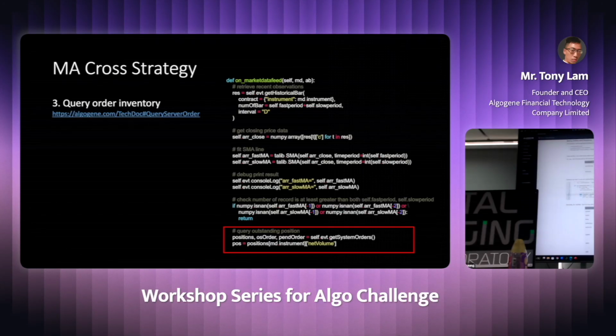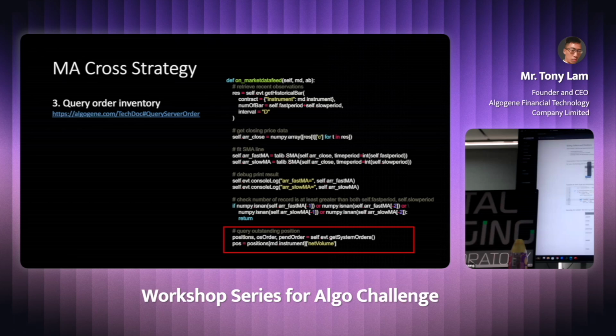So this position actually reflects our only two values, the last trade price and also the current net volume. So if the net volume is a positive number, that means we have a long position.